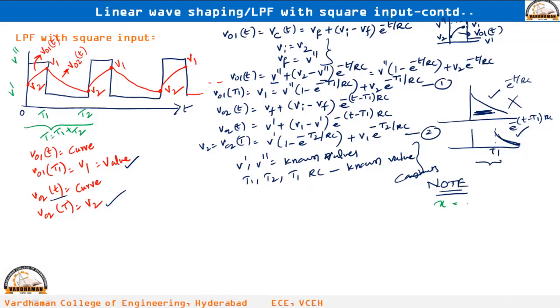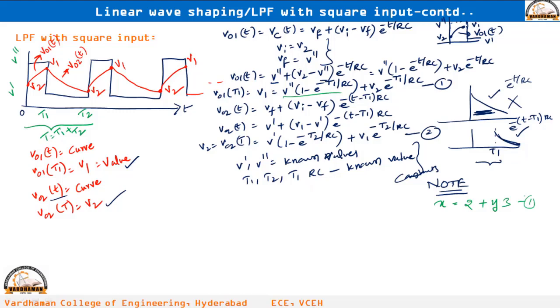So I can take one number like 2, plus V2, which I don't know, that means another variable. I have taken V1 as x. Next, V double dash into 1 minus e power minus T1 by RC is constant, I am taking 2, plus V2 is nothing but y. Next, e power minus T1 by RC is again constant, I am taking 3. Okay, just for example purposes I have taken this. This is equation 1 now.